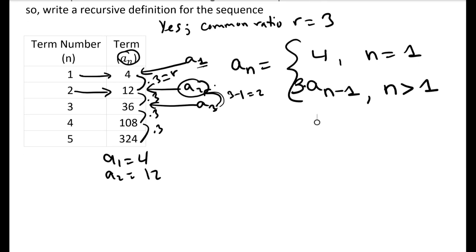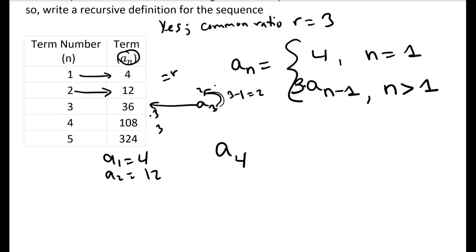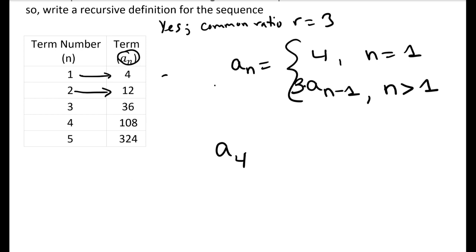Okay, so let's see if this definition works. We wrote it down, but we want to make sure that it works. So let's say we want to find A4. I'm going to go ahead and erase all of this now. We know from this table that this is A4.